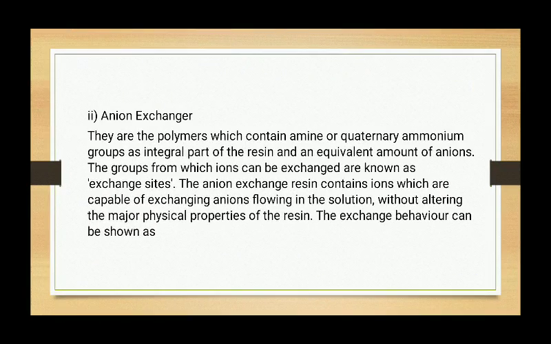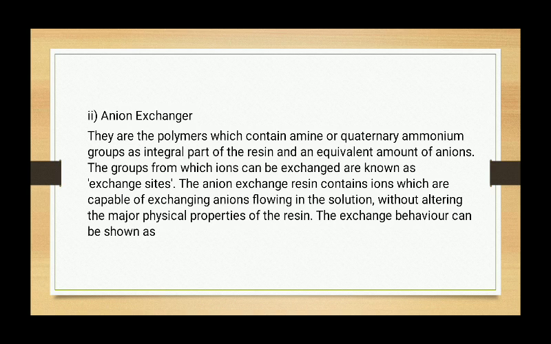Anion exchange resins are polymers which contain amine or quaternary ammonium groups as an integral part of the resin, and an equivalent amount of anion. The groups from which ions can exchange are known as exchange sites.